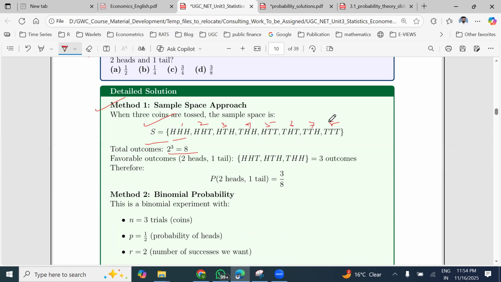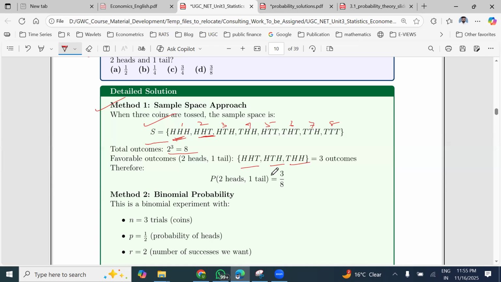Okay, clear? You have understood, Sangeeta? Yes, sir. So the favorable outcome is 2 heads and 1 tail. Where are those outcomes? You have to search. 2 heads and 1 tail is here, and here, and HTH, 2 heads, this is also fine. It means there are only 3 outcomes.